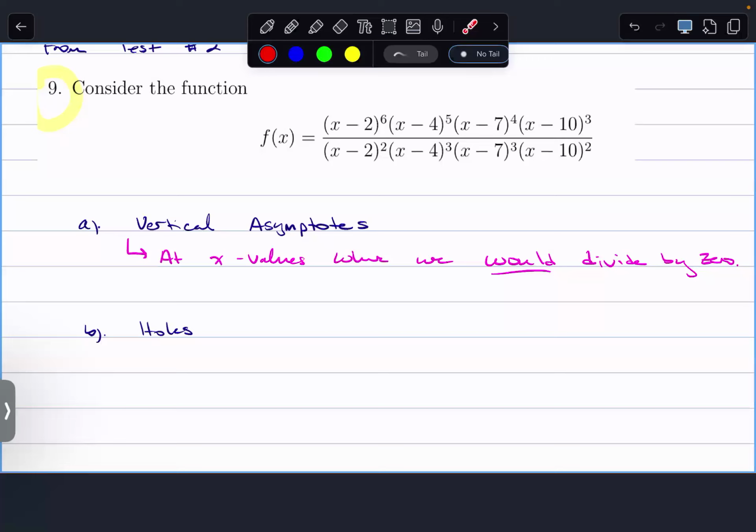For example, let's say that this was just x minus 2 up here, right? X minus 2 divided by x minus 2 squared leaves you x minus 2 in the denominator, right?